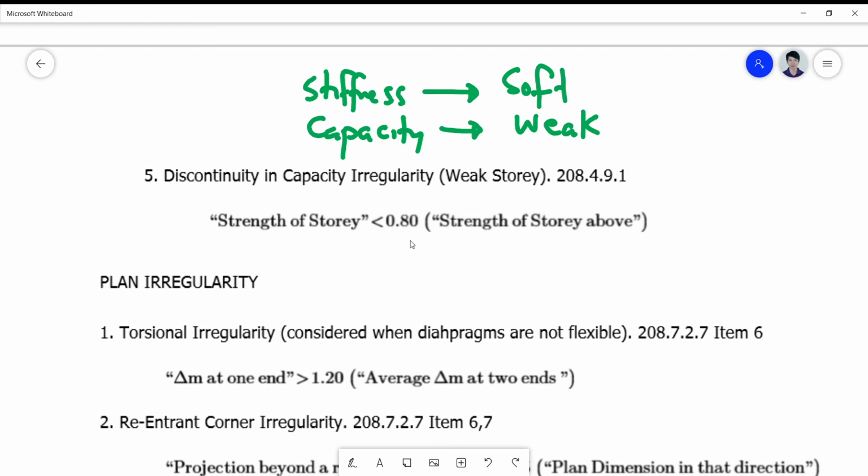Which means that whenever you go from lower story to upper story, your strength may be decreasing, but not, of course, very significantly. So you cannot have a stronger story on top and then a weaker story at the bottom. That's a no-no to configuration requirements.